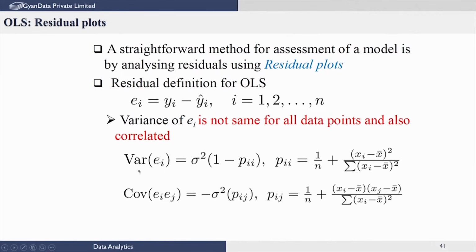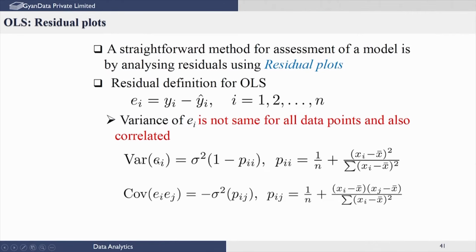In fact, you can show that the variance of the ith residual is sigma squared, which represents the error in the measured value of the dependent variable, multiplied by 1 minus pii, where pii is defined by this. Notice that pii depends on the ith sample, and varies from sample to sample. So the variance of the residual will not be identical for all samples; it is given by this quantity.